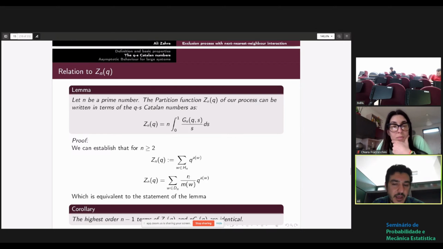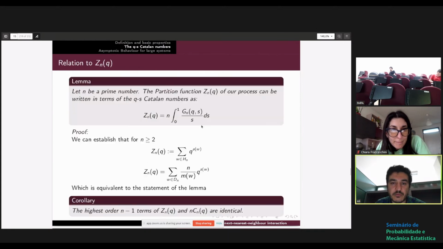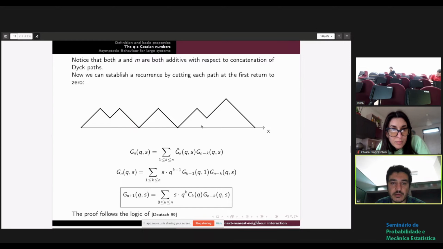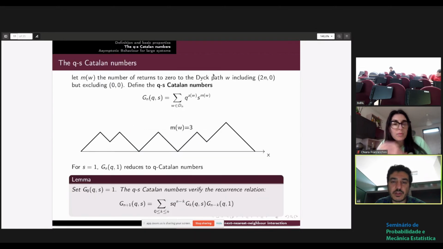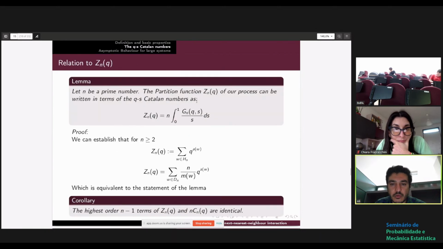So you just divide n by this multiplicity, and that gives the correct factor. And this is of course the same as the integral from 0 to 1 of Gn q s. If you look at the definition of Gn, if you integrate with respect to s, this gives this factor. Okay.